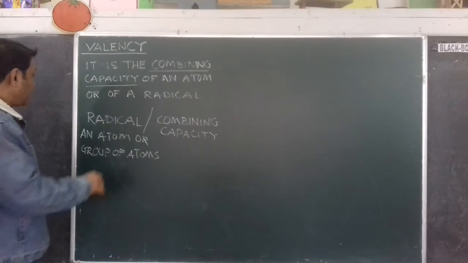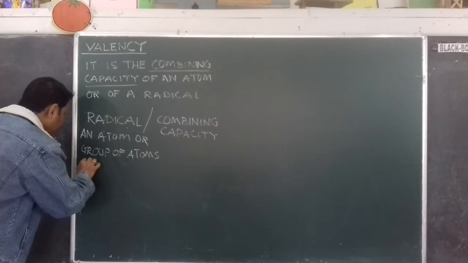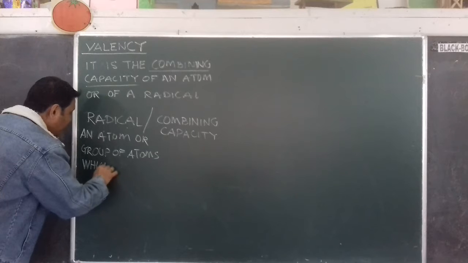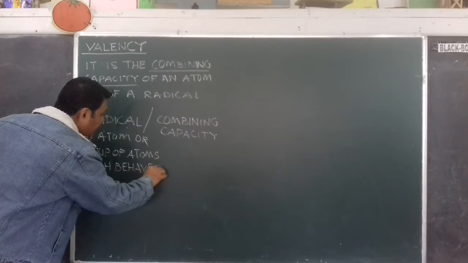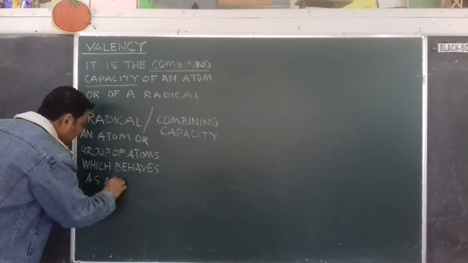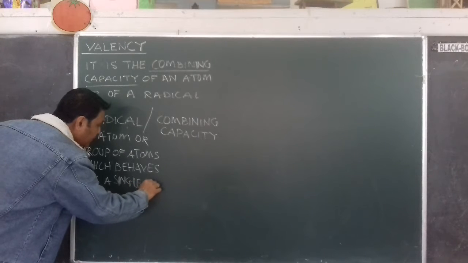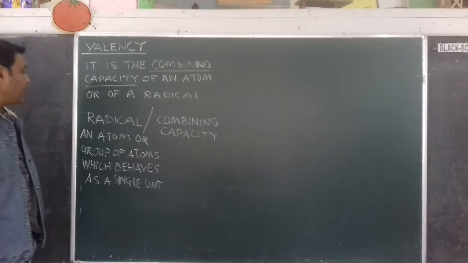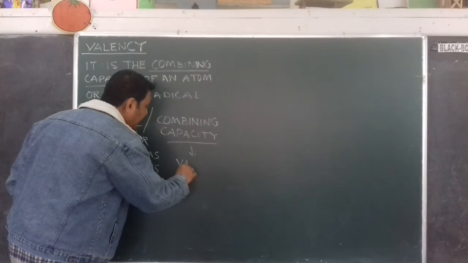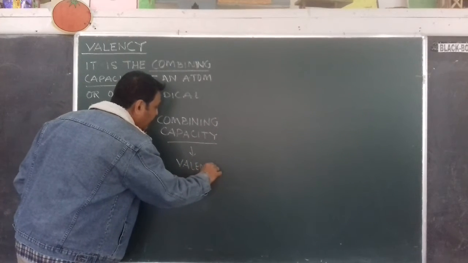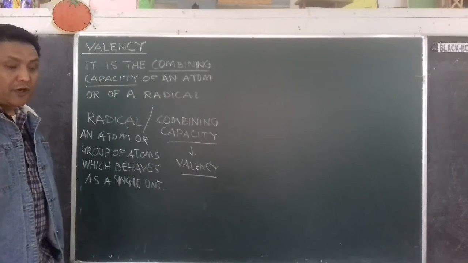Just for you to understand, a radical means an atom or a group of atoms which behaves as a single unit. This is a radical. So combining capacity means it is the valency. That's all you have to remember.